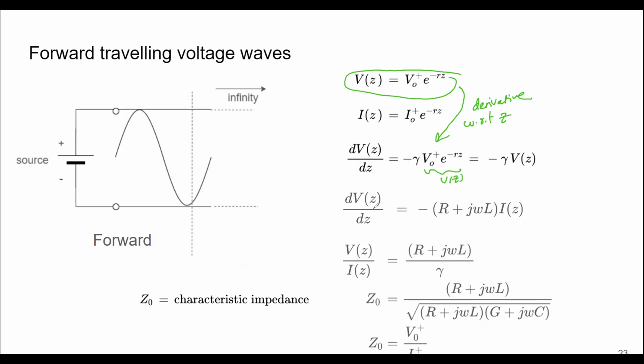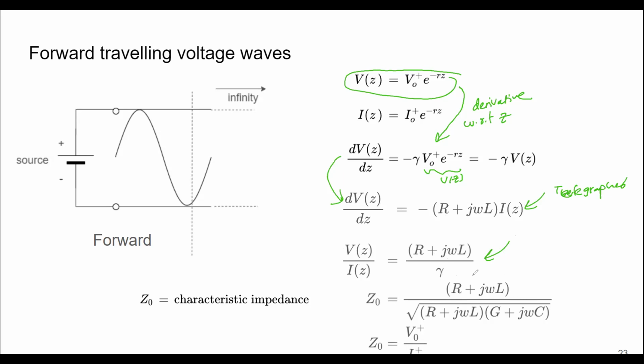And then from the telegraph equations, we know this relationship. Since these two are equal, we can equate these two expressions. So by equating those two expressions, we get that V(z) over I(z) is equal to R plus j omega L over gamma.